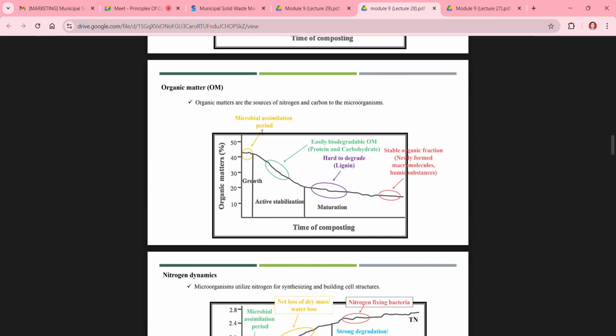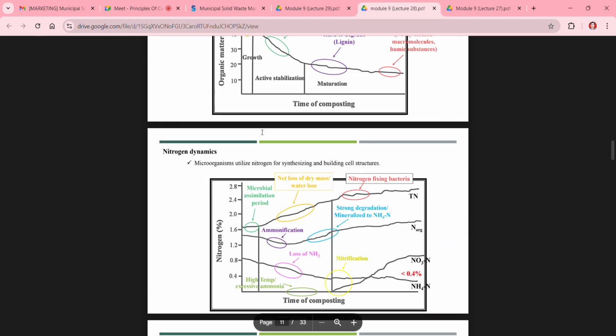Then organic matter content. Organic matter is the source of nitrogen and carbon for the microorganisms, and that has to be on the optimum side, and that is also going to be stabilized during the maturation time period.